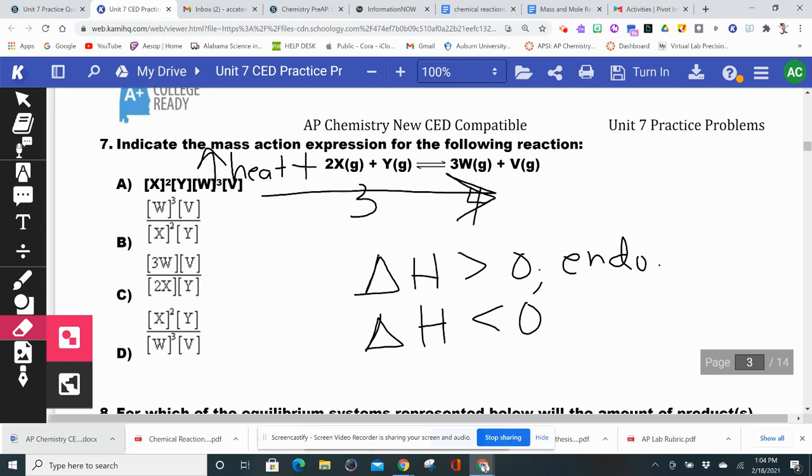So if the problem said, here's our reaction, and this is our equilibrium constant, and then we ran another trial and we increased the temperature, then you got to think, okay, this is Le Chatelier's. I need to figure out if it's endothermic or exothermic, and then that'll tell me which way the equation's going.